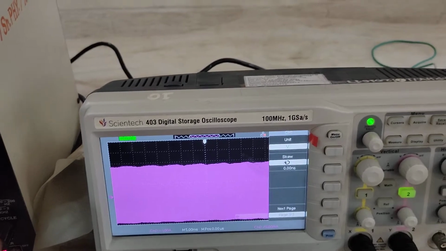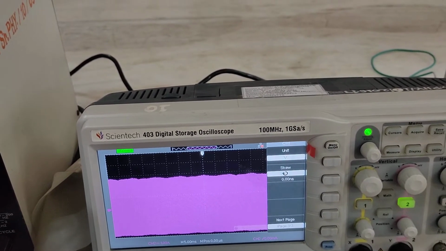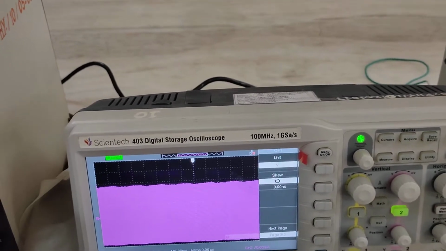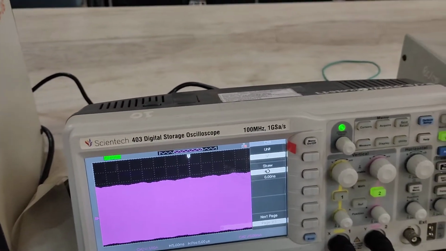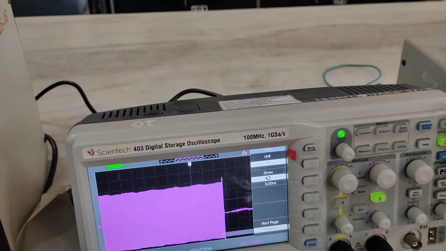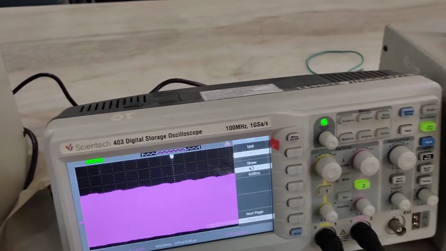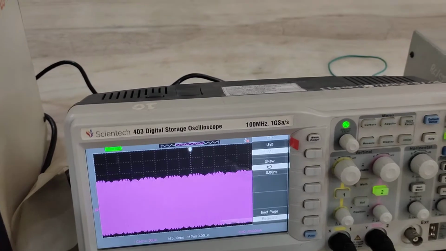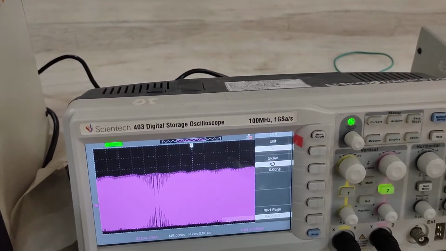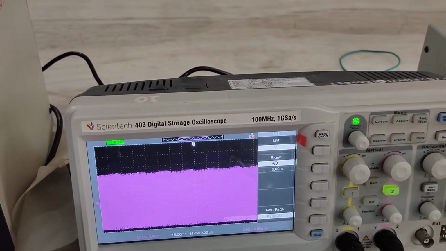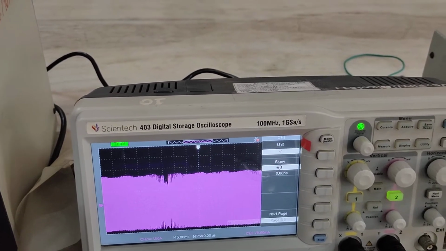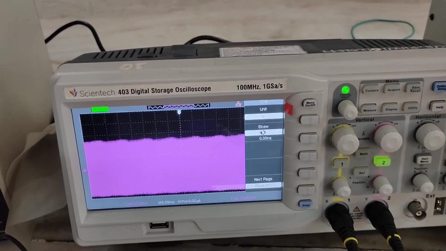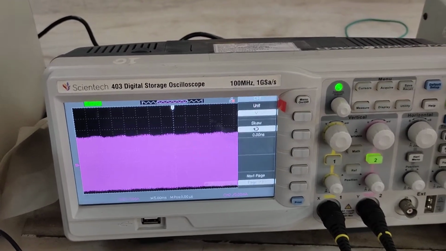Up to what value will you get the same reading? I have checked it up to 100k, 150k. So I'll check directly for 100k here. For 100k I was getting the same value, 5.6, but for 150k the value has decreased.